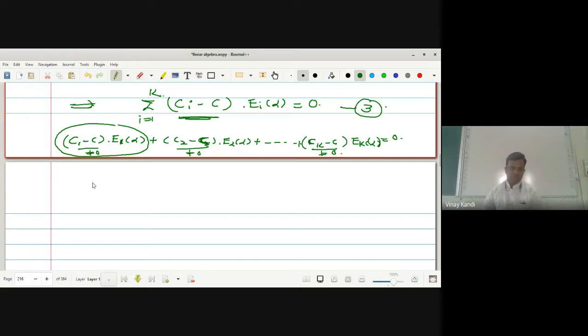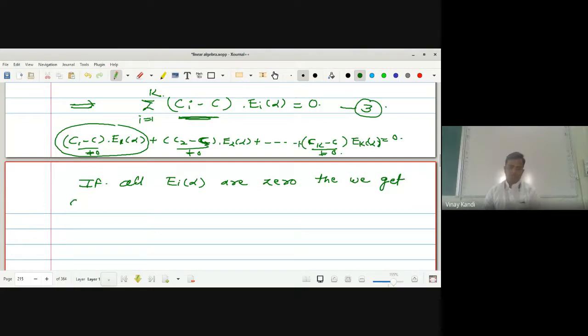Okay. So in the second step, if all bi of alpha are 0, then we get a contradiction.